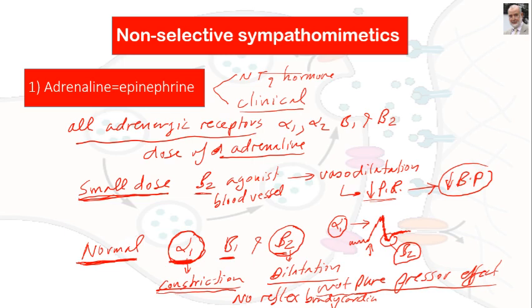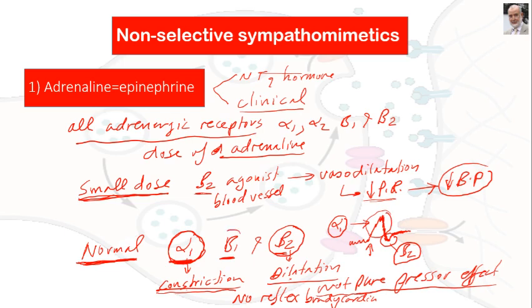So alpha-1 will produce vasoconstriction of blood vessels, beta-2 will produce dilatation. So there is a pressure effect, increasing the blood pressure, plus a slight depressor effect because of the beta-2 effect.